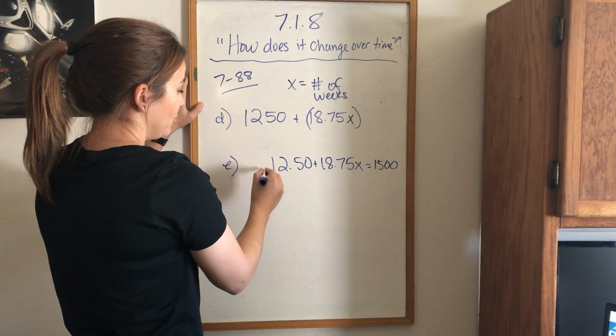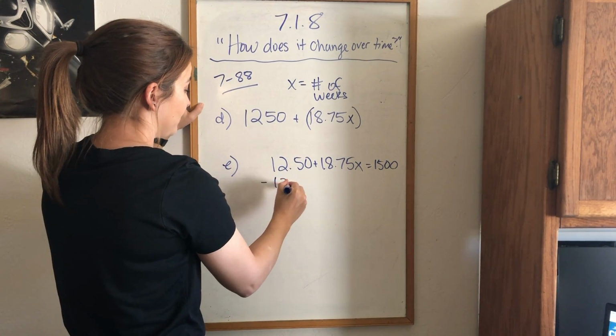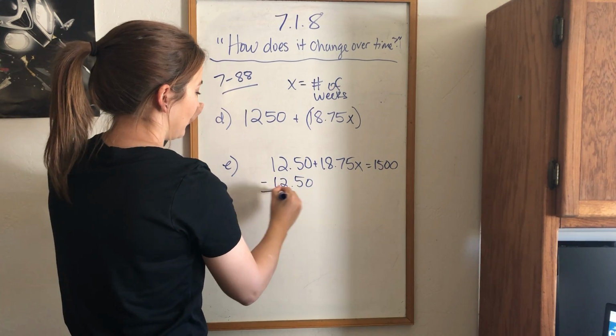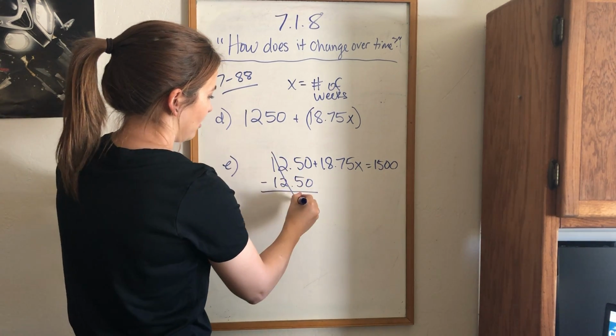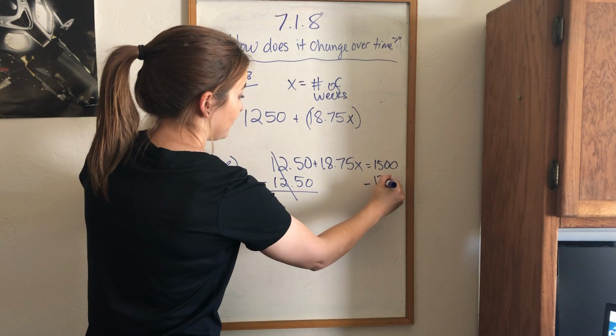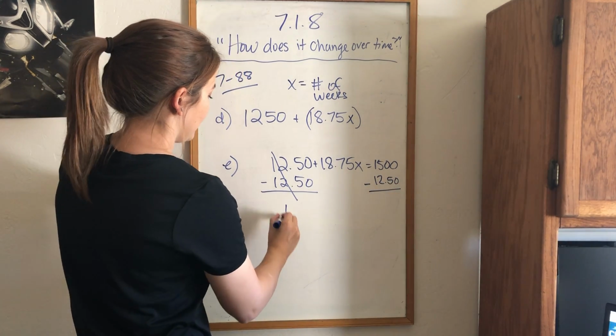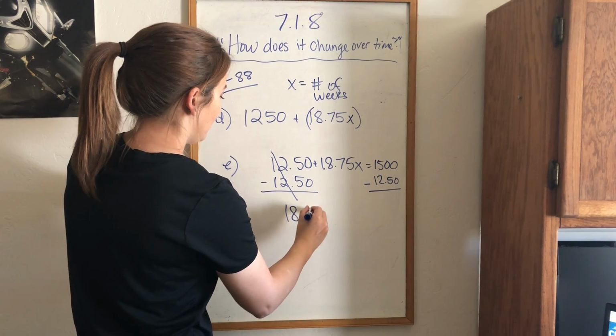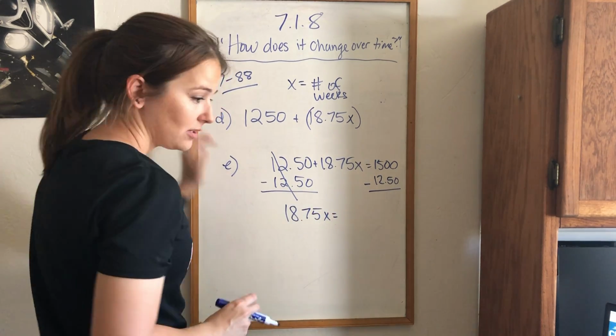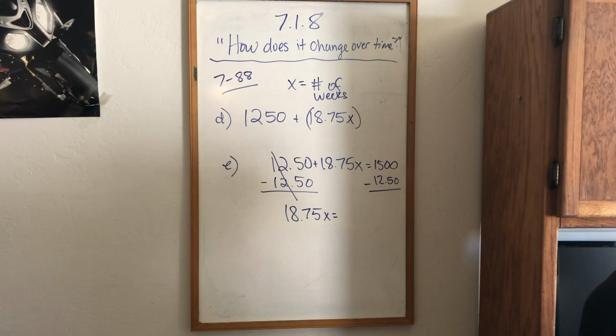So I am going to minus a 1250, since we take the opposite of the positive 1250 to make that 0, minus the 1250 over here, because you have to keep it balanced on both sides. So then I know I got to use a calculator for this, even though it's pretty simple, but I don't want to mess up. So it's 1,500 minus 1250.